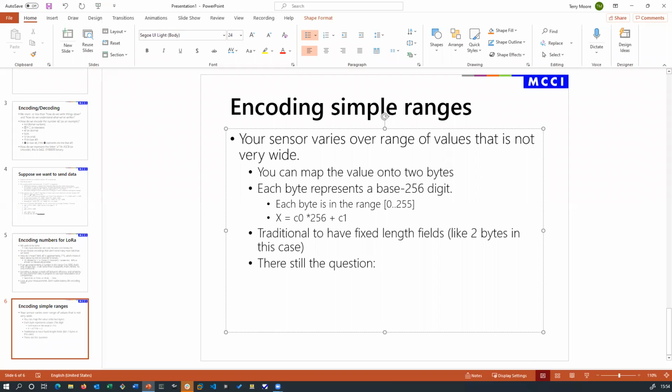There's still the question, which one do you write down first? You must have encountered big endian versus little endian.